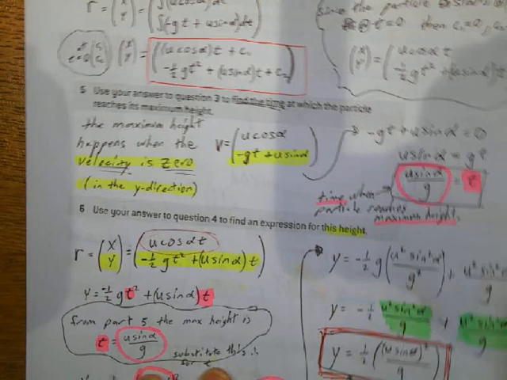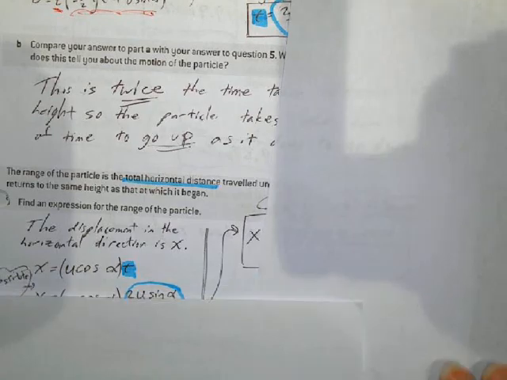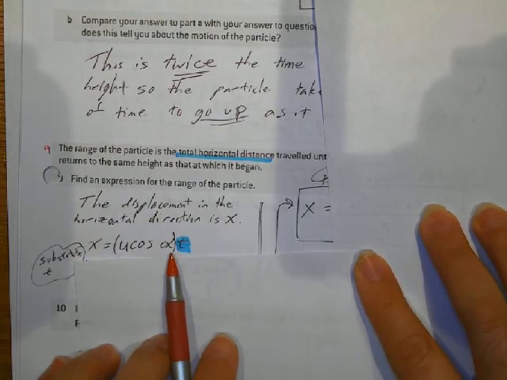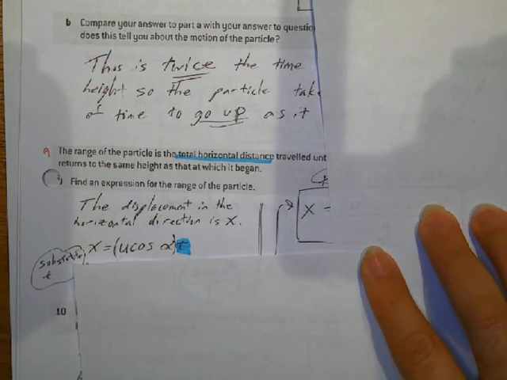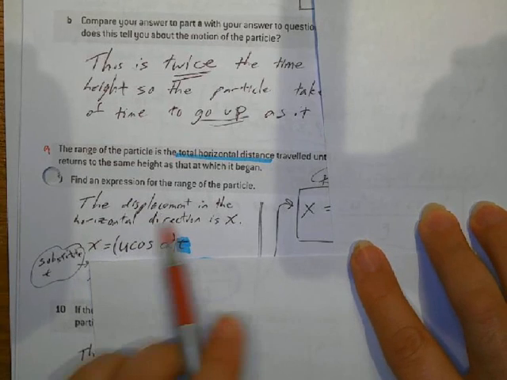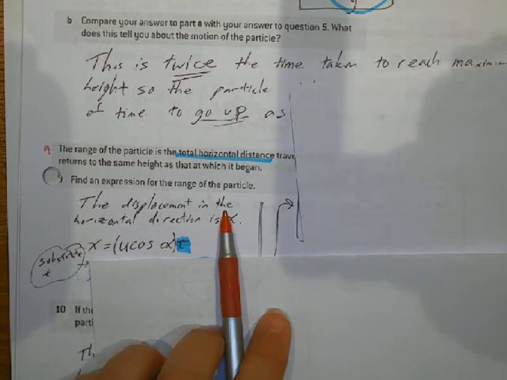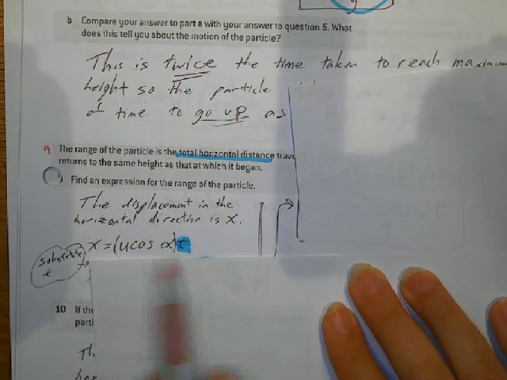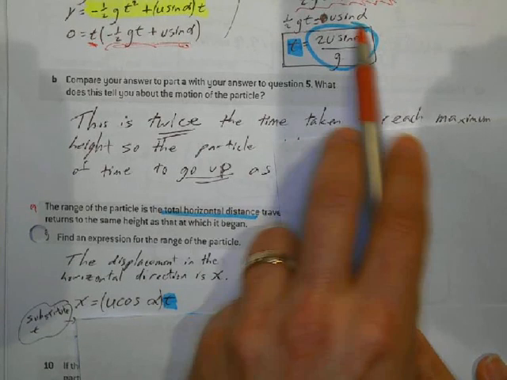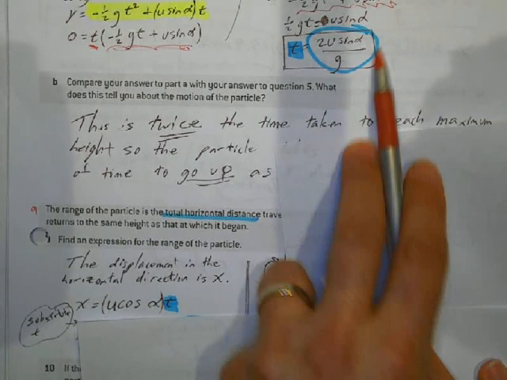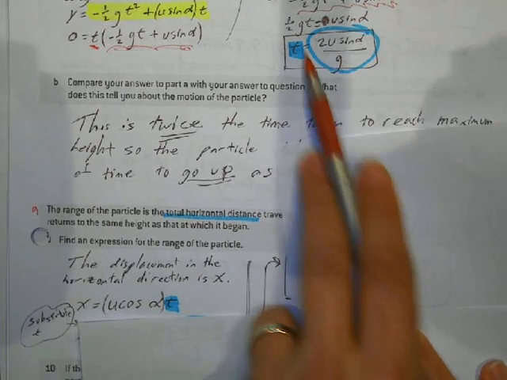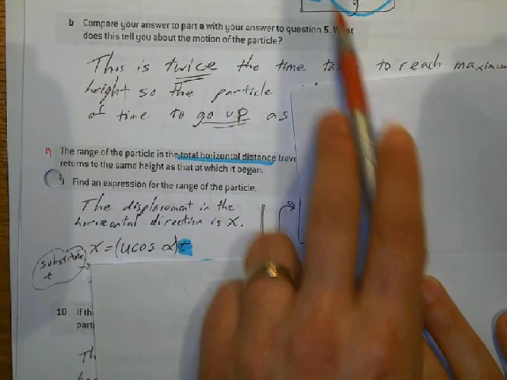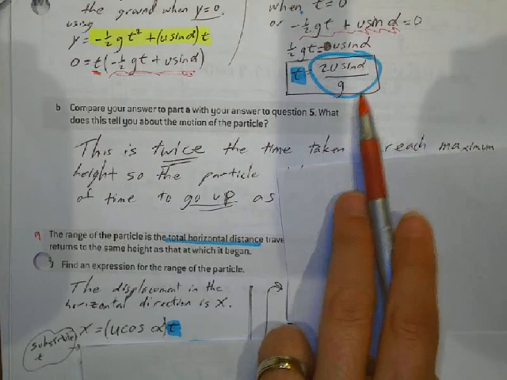So the total horizontal distance it goes uses this, and now we're going to substitute t, the value that we just got here, because at this point it's back on the ground, it's not moving anymore. So this is the time it takes to get back to the ground again. So I'm going to replace time with the 2u sine alpha over g.